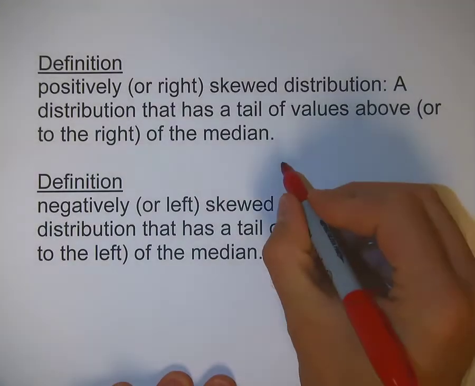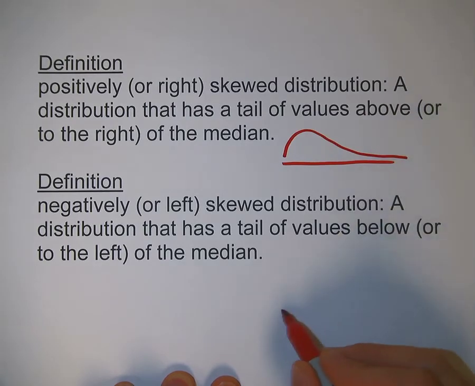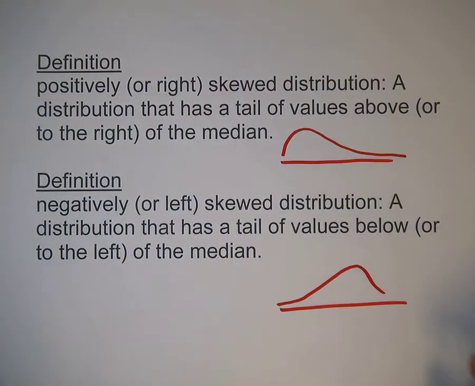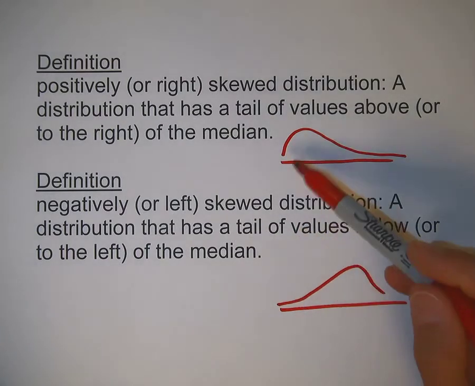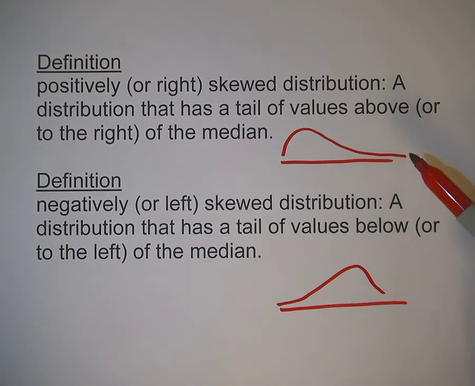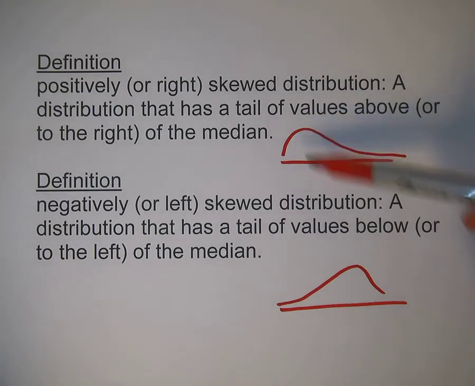Again, positive skew looks like this, negative skew looks like this. It's not skewed toward the large cluster of data. It is always skewed toward the tail. A very common mistake is that people think the skew is dependent on where the cluster is. It is where the tail is.